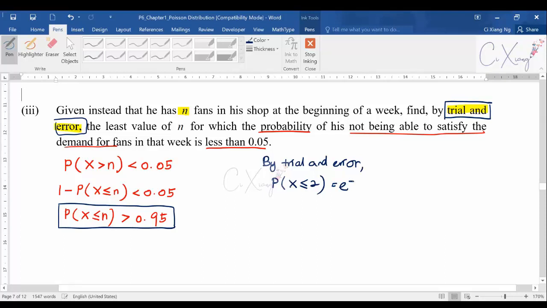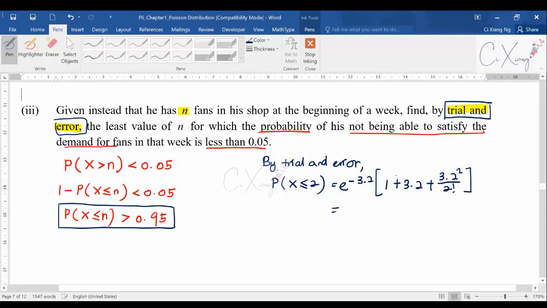So you have e to the negative lambda. What is the lambda that we have? The lambda is still the same, for 1 week it is 3.2, right? Then for X ≤ 2, that means e^(-λ) times: the first term is 1 for X = 0, X = 1 is λ which is 3.2, and after that 3.2 squared divided by 2 factorial.